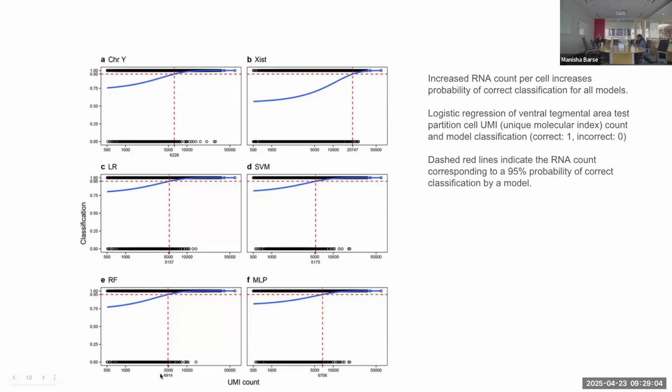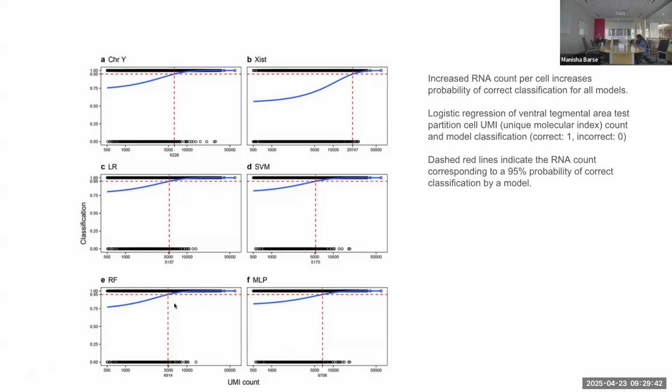The blue curve shows the logistic regression fit and the relationship between the UMI count and the correct classification probability.